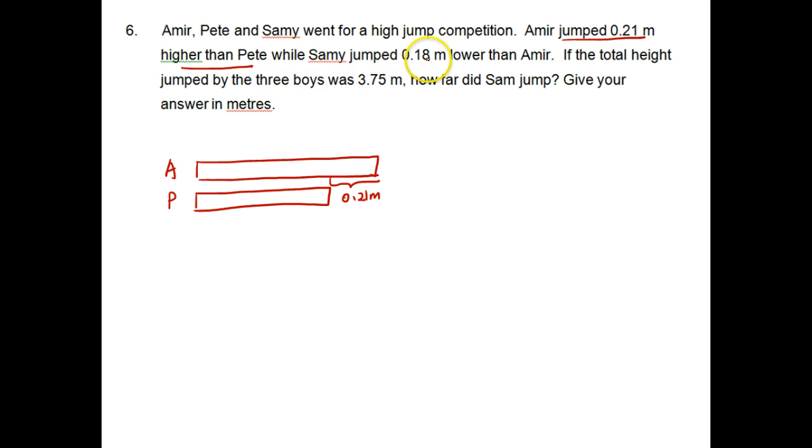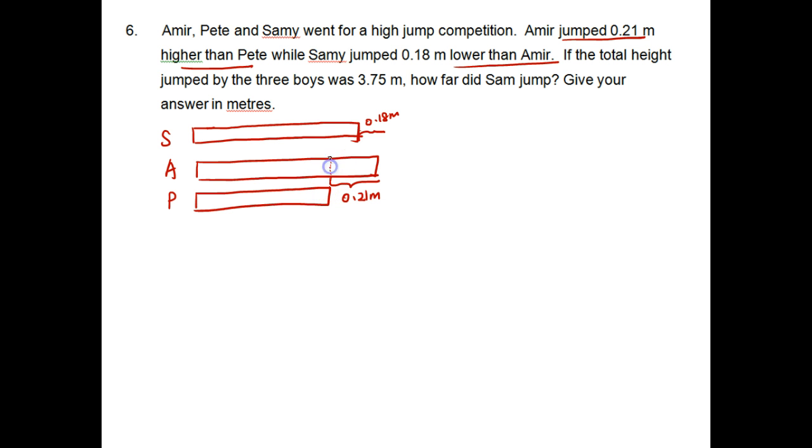Sammy jumped 0.18 meter lower than Amil. So I must compare Sammy to Amil. I put Sammy here. 0.18 meter. This is 0.21, so 0.18 should be somewhere here, which is less than 0.21. This is 0.18 meter.